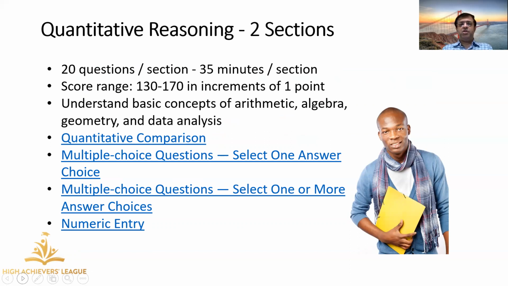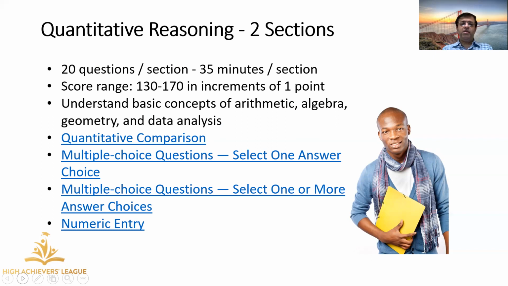As we discussed, there are two sections of quantitative reasoning, and you have 20 questions and 35 minutes for each section. Now the score range for quant is between 130 to 170 in increments of 1 point. This means that you can either get a 132, a 140, a 145.